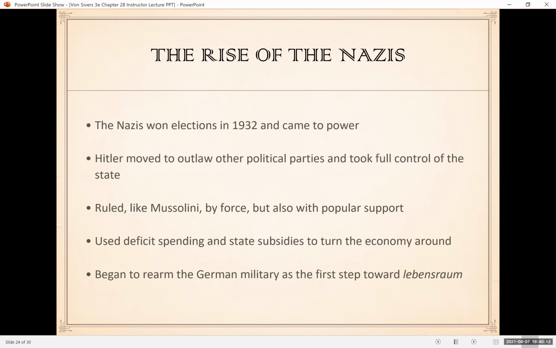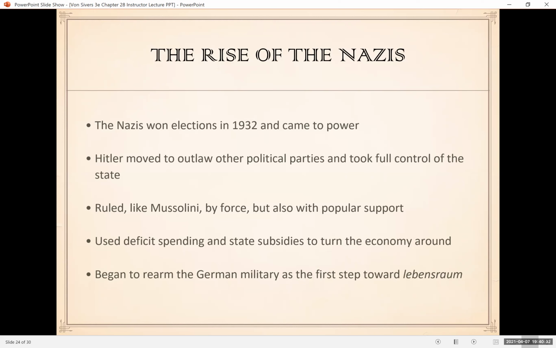He bans labor unions. He makes everybody part of the single labor union. He goes to the heads of the businesses and says, if you will support me, I will make sure your factory is never struck. And so, of course, the businessmen agree.